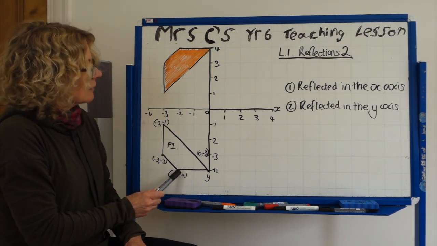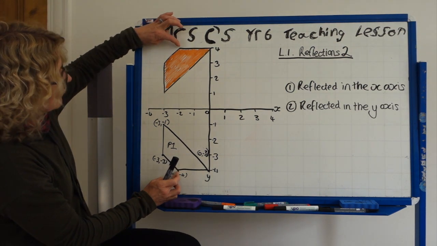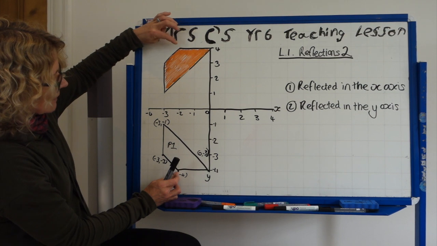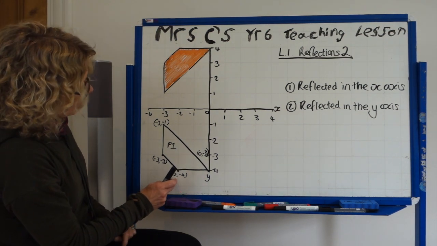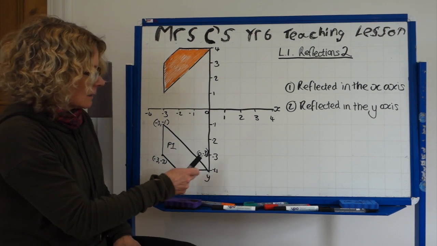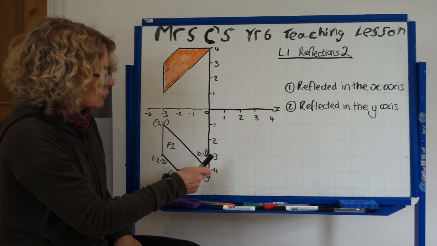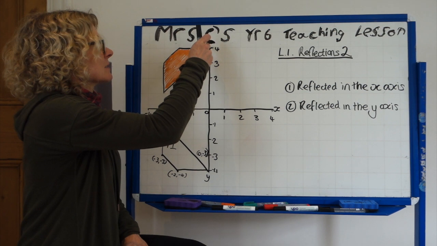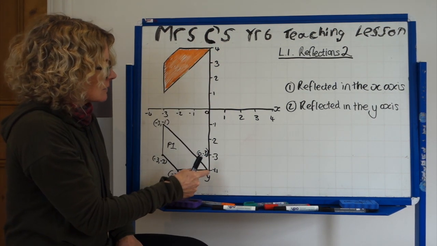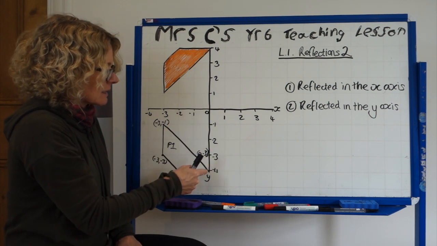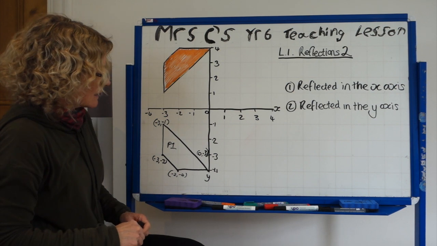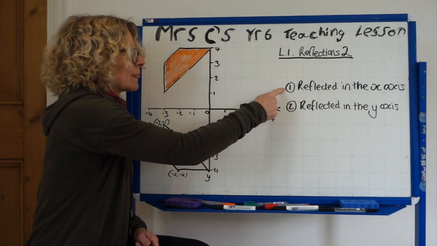Then 1 square across. If you drew a line up, they would be on the same x coordinate. Okay, so it is minus 2 and minus 4. And then this final one, which is touching the y-axis just as it is at the top, absolutely vertical line down. So it is 0 on the x-axis and minus 3 on the y-axis. Okay, so that's position 1.